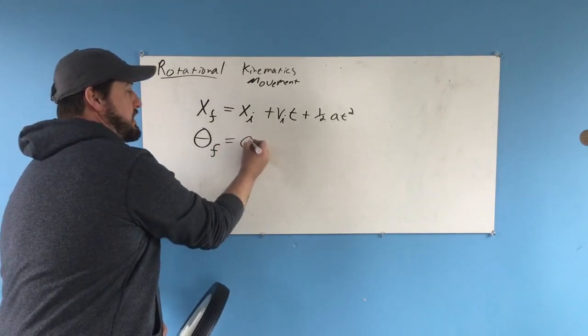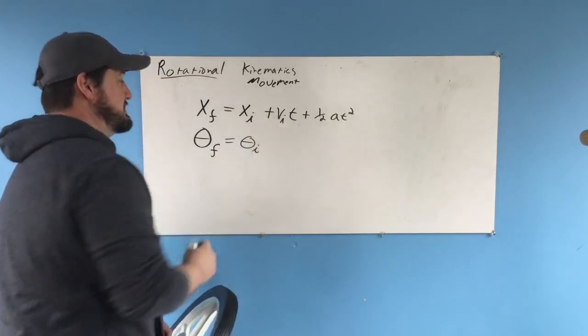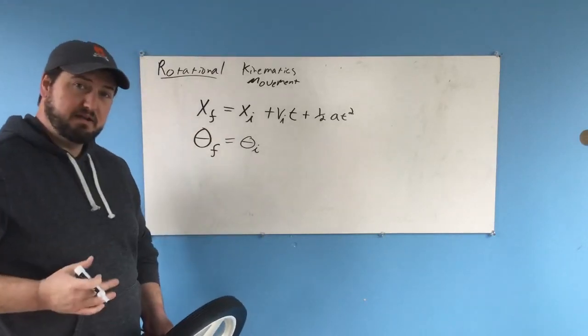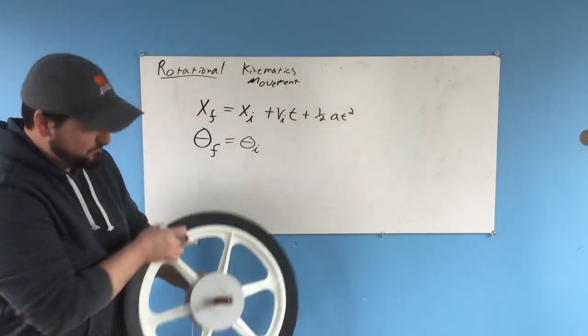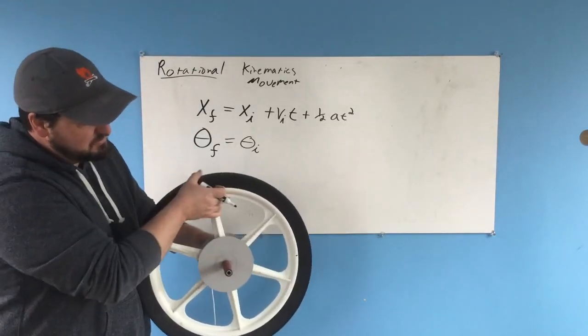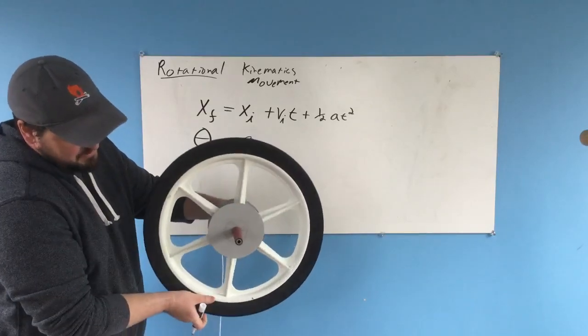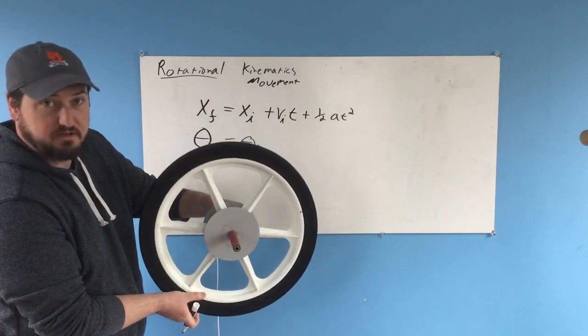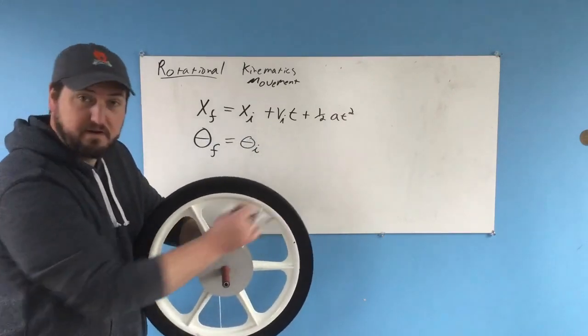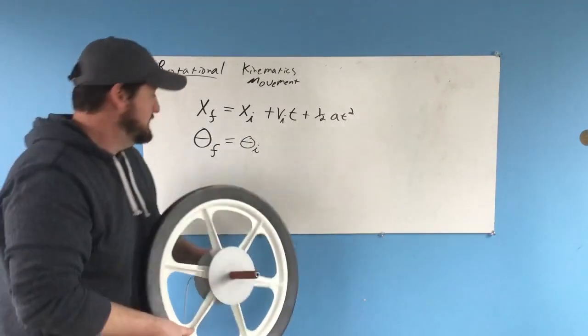Here, we need to know this dot's starting point in terms of radians. How many radians does it start with? Well, if I start here, it's at 0. Here it would be pi over 2, pi, 3 pi over 2, and back to 0. Or a full 2 pi radians if you've gone through a revolution.